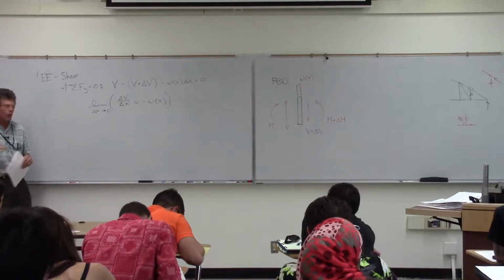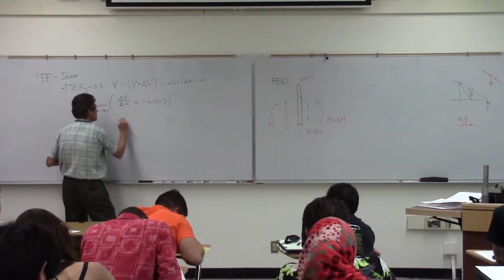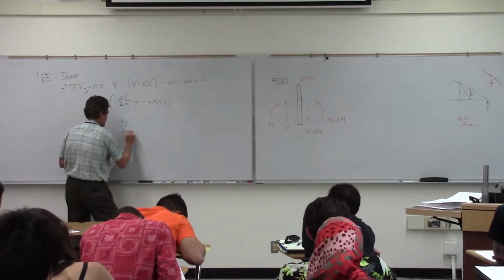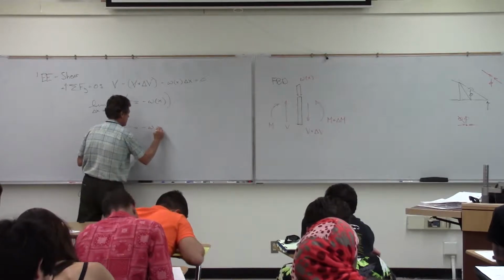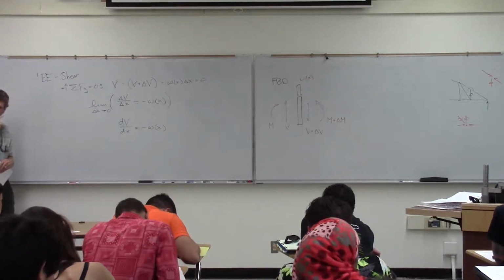So we take that whole term, and we're just going to take it to the limit. And what we'll find then is an expression in terms of a differential, like so.